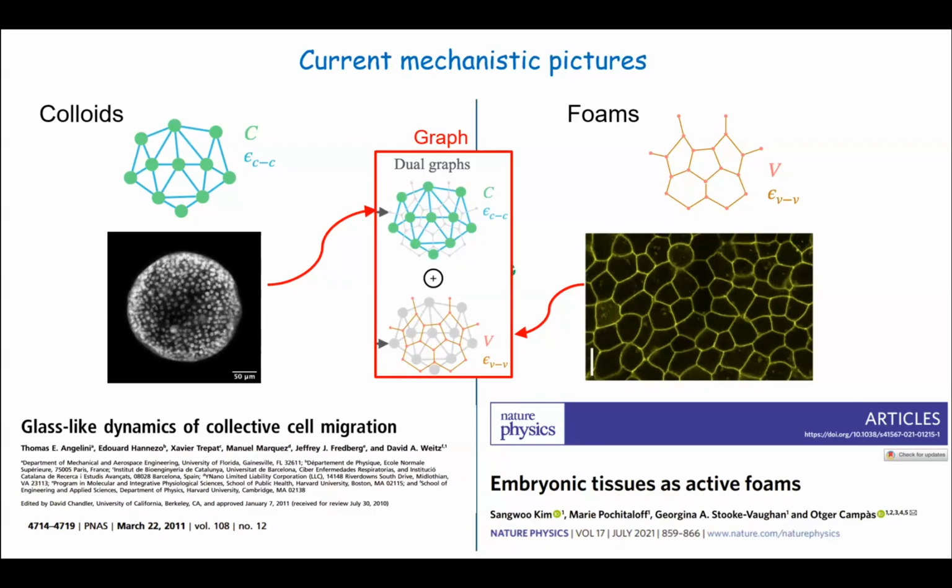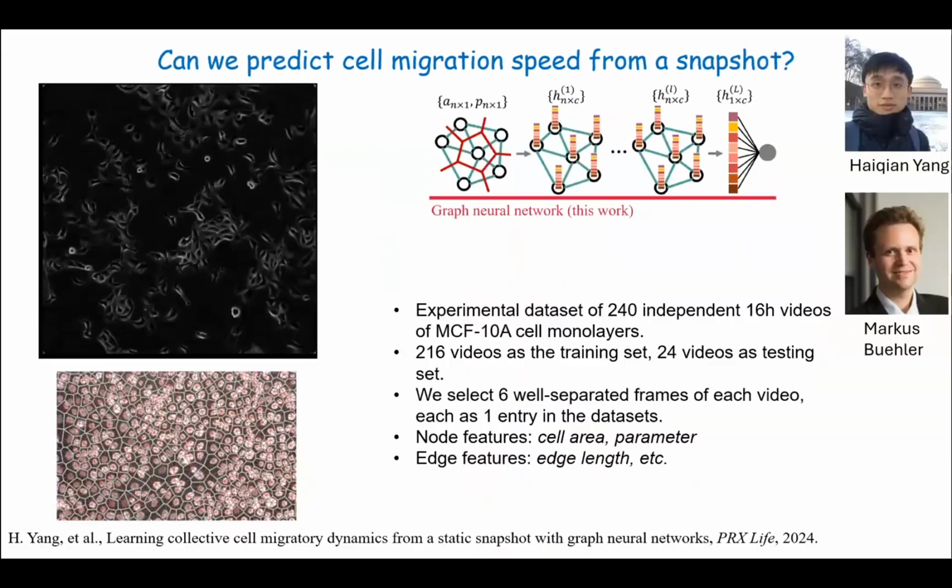For example, we can have one graph with cells as nodes and interactions between cells on the edges. And we can have a separate graph that simply has the cell boundary as the edge. And then each node is simply a vertex on this foam, right? So by combining them into a dual graph, we essentially fold all this information into the learning and predicting process.